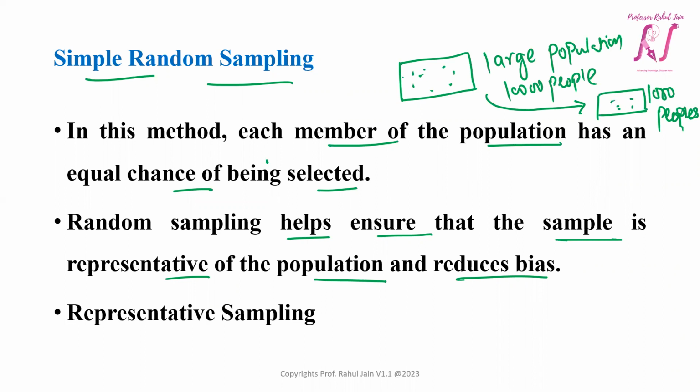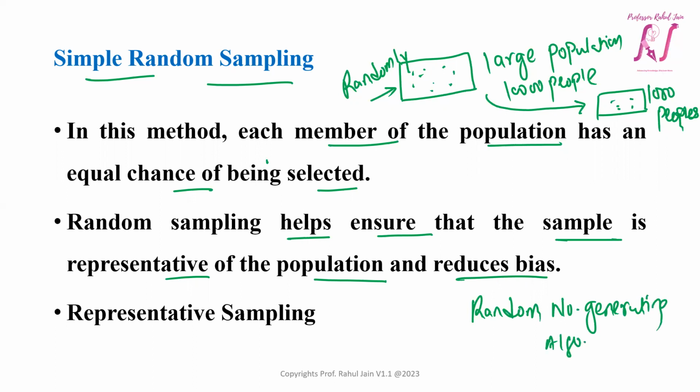So the method is that we are going to select 1000 people randomly. It means that we are going to use, let's say, a random number generating algorithm.